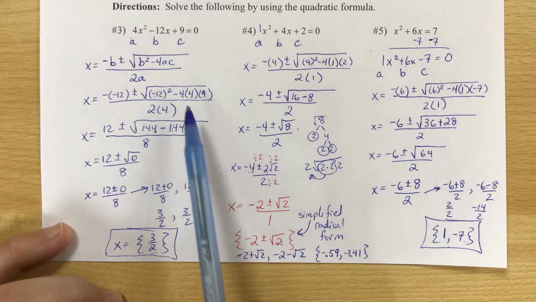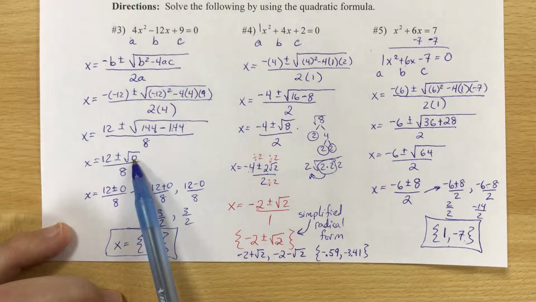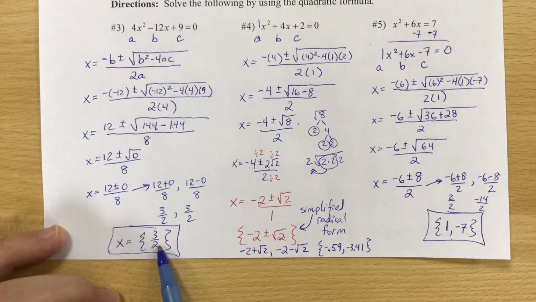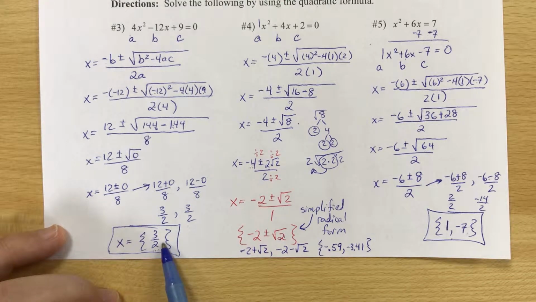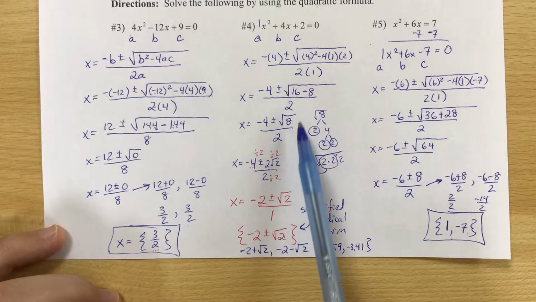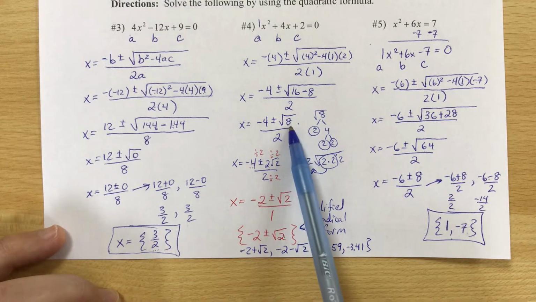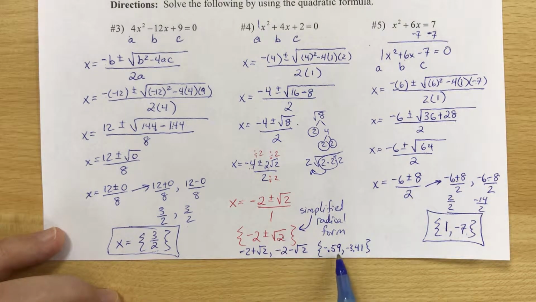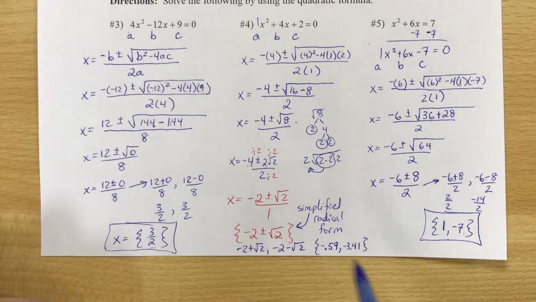If you end up with 0 underneath the square root, then the plus or minus basically disappears and you end up with one solution that is a rational number. But if the number under the square root is not perfect, like 8, then you end up with two solutions, but they're both radical solutions. Negative 2 plus root 2, negative 2 minus square root 2, those are called irrational solutions. So those are the three ways that this can go.